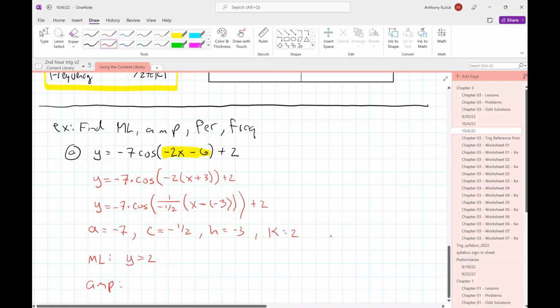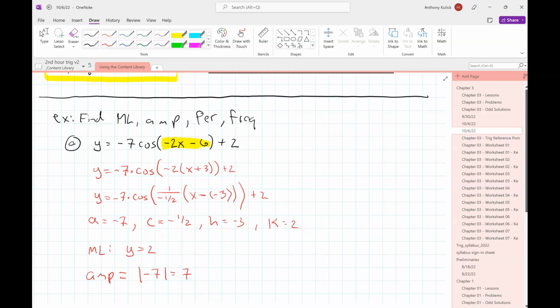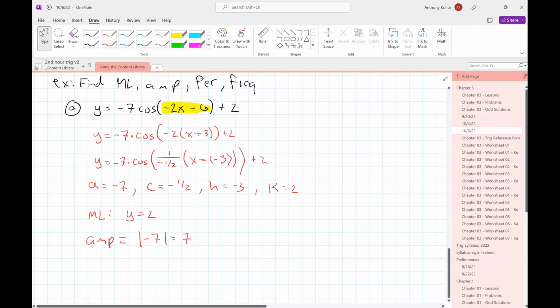The amplitude is 7. Great. And then the period, so 2 pi absolute value C, which is just going to be pi. 2 pi times a half, which is just 1 pi.